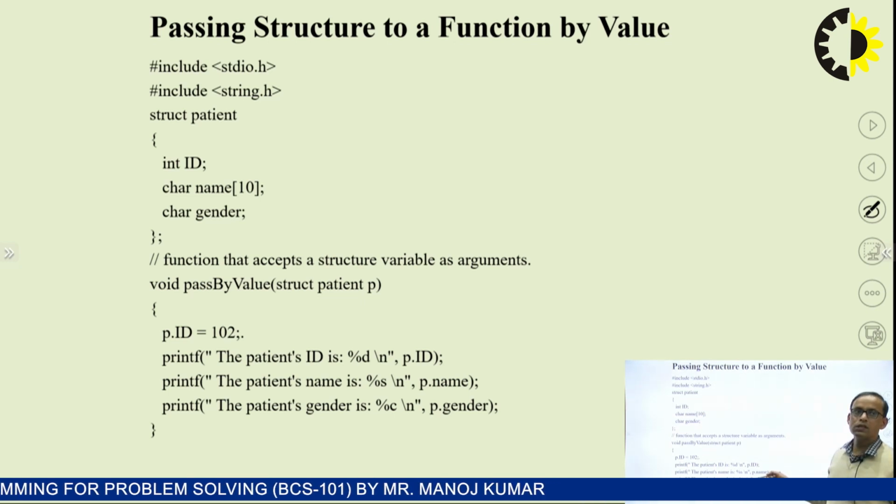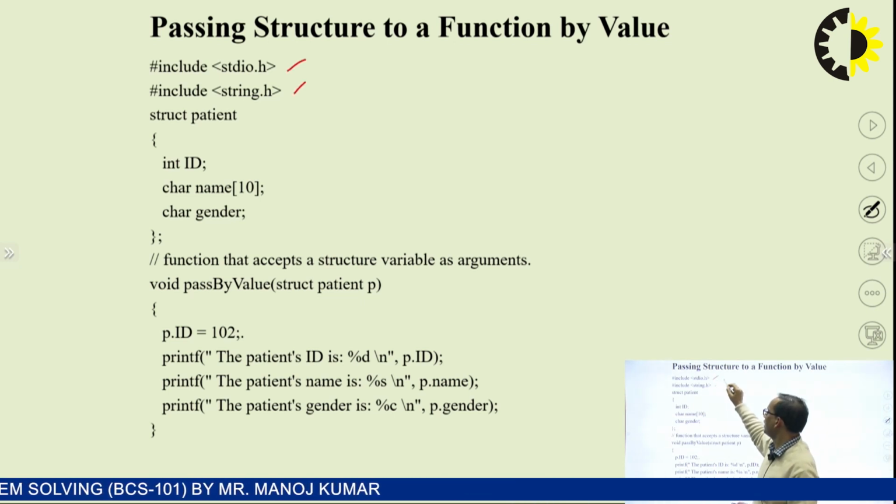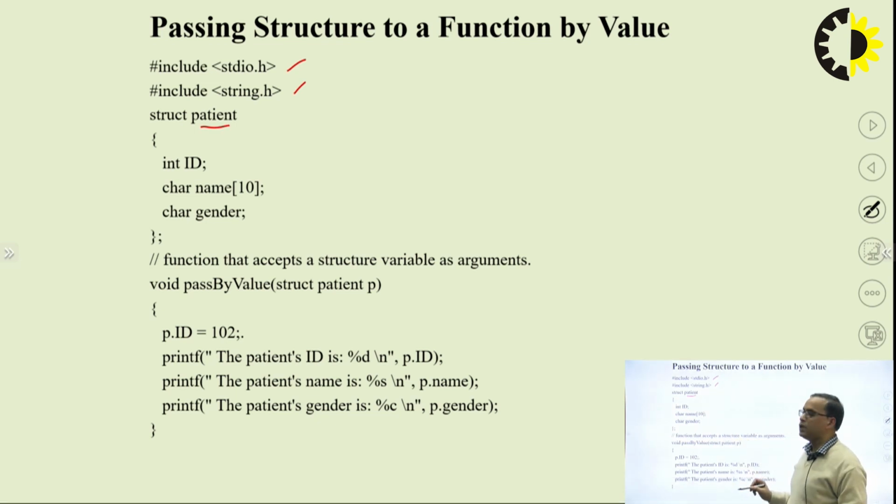Suppose these are the header files. This is a structure patient, and we are going to store information about three members: patient ID, patient name, and patient gender. So these are the structure members. Now the function that accepts the structure variable as an argument. Suppose this is the function that accepts the structure variable as an argument.